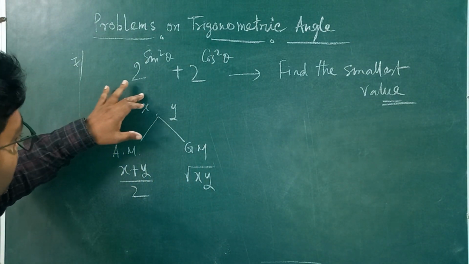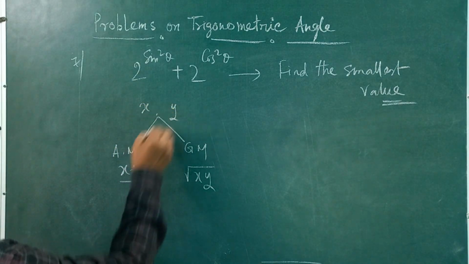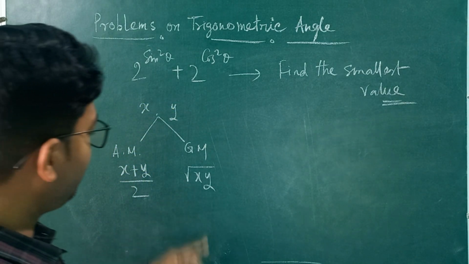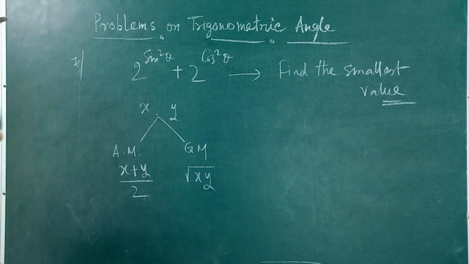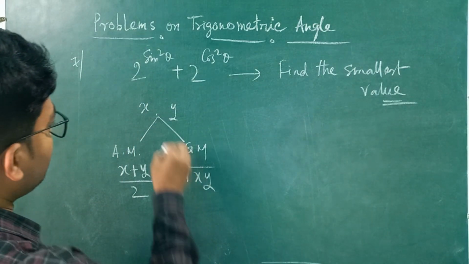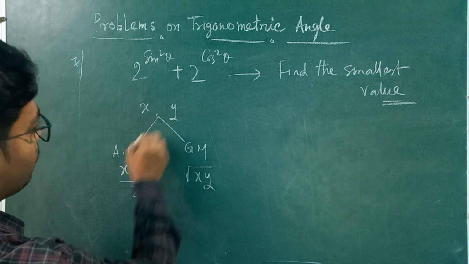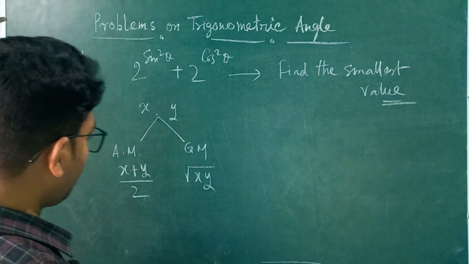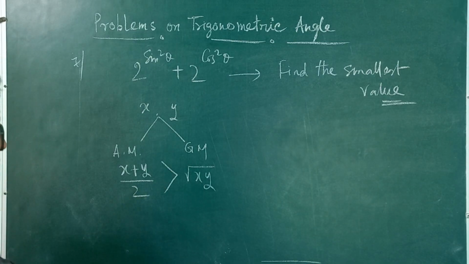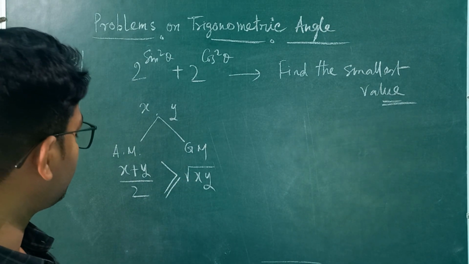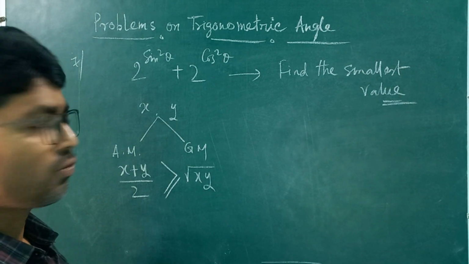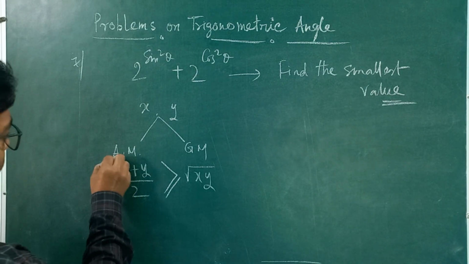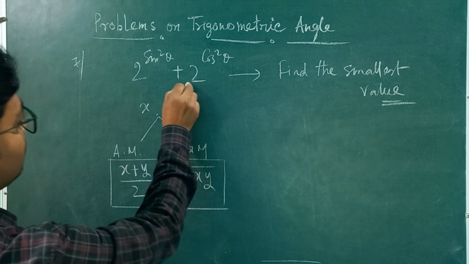Arithmetic mean is just the average, x plus y by 2, and geometric mean means x, root xy and y are in continuous proportion. And here is a relation: arithmetic mean is always greater than or equal to geometric mean. So I will apply this theorem in this problem.